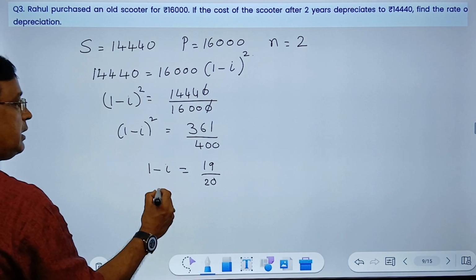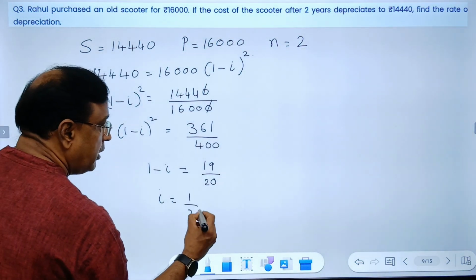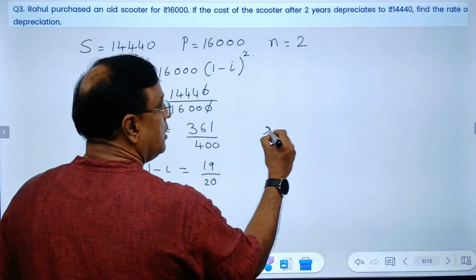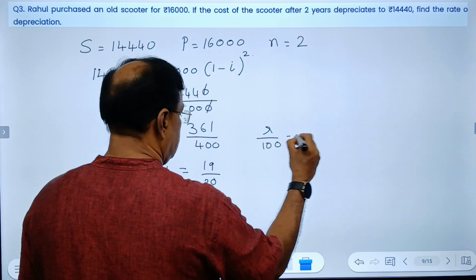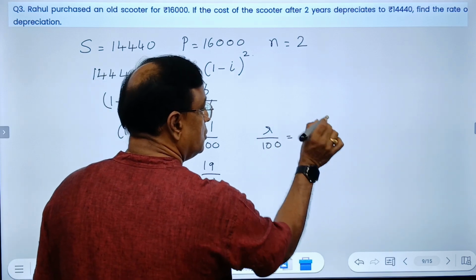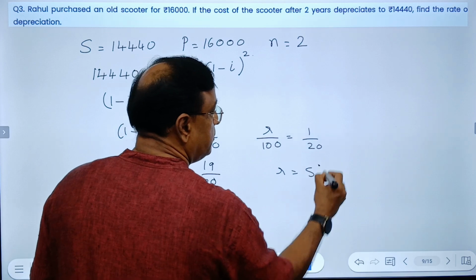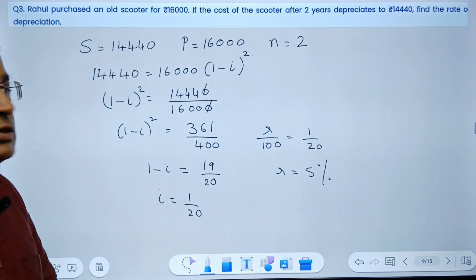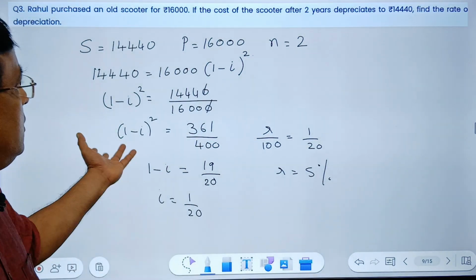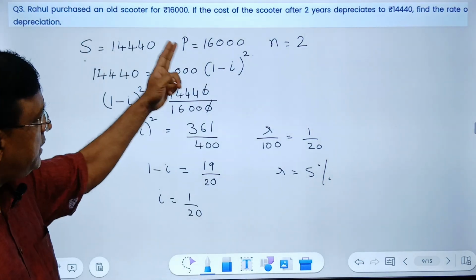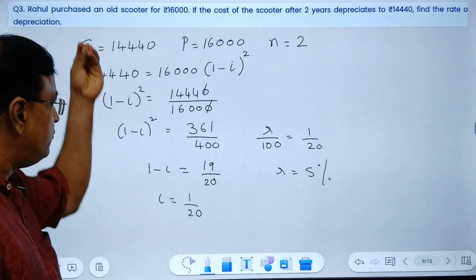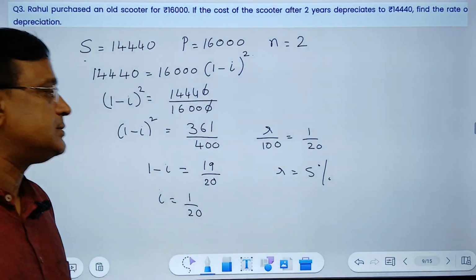So what is I equal to? 1 by 20. But I is nothing but R by 100. So what is R equal to? 5%. So the rate of depreciation is 5%. Here S is given, P is given, you are expected to find I. Very simple calculation, you will get the answer.